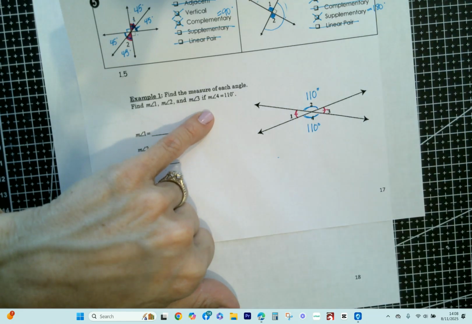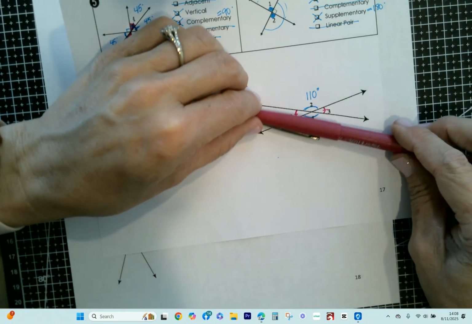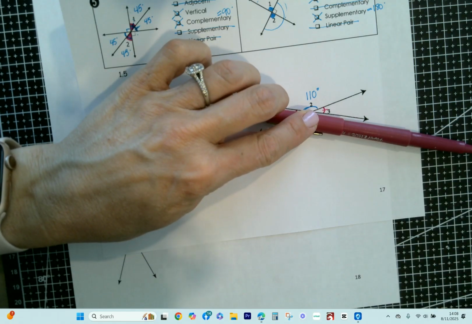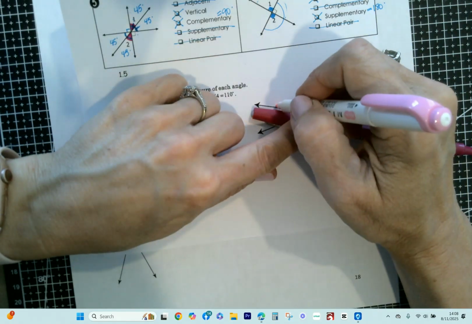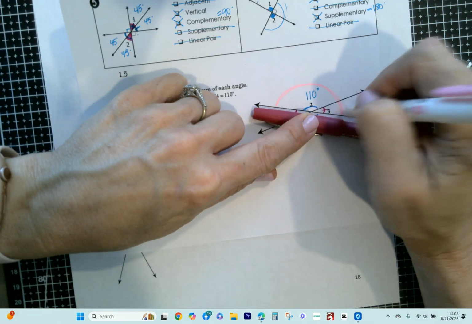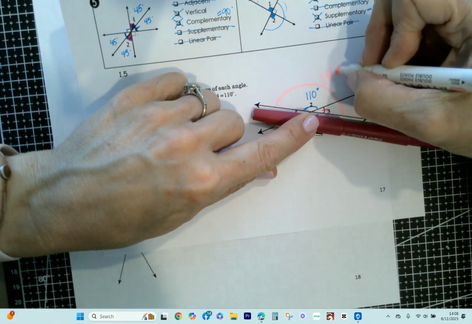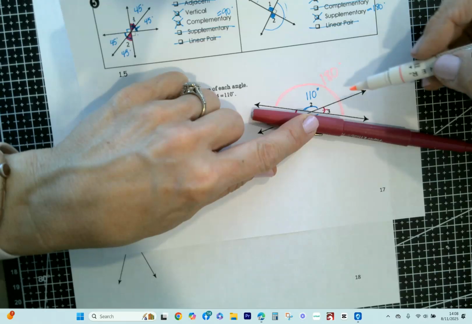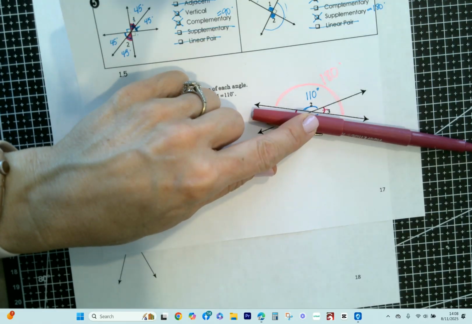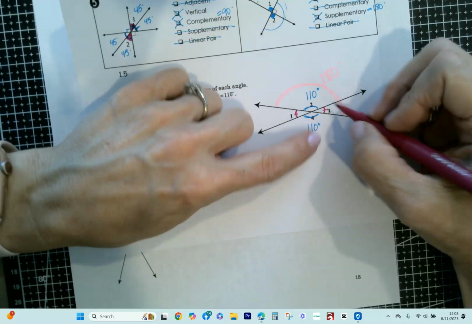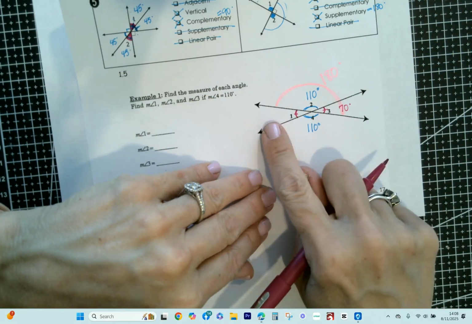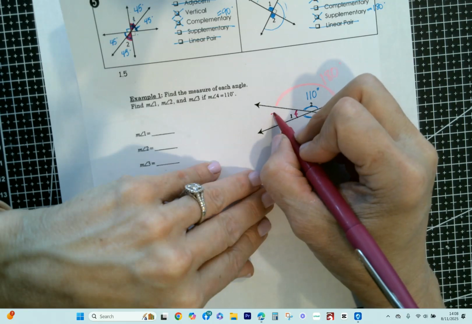Angles 2 and 3 are next to each other and they form a straight line, so these have to add to 180 degrees, correct? If you subtract 110 from 180, you get 70 degrees here. And if this is 70 degrees, so is this one.